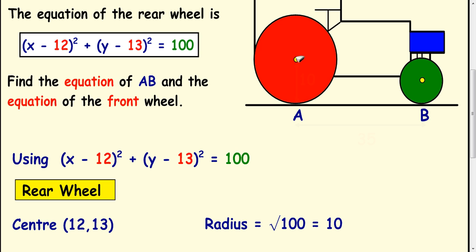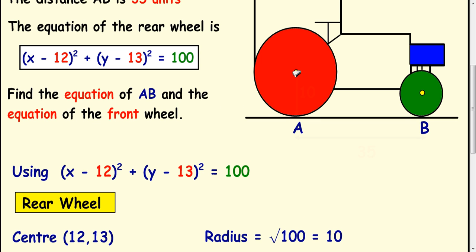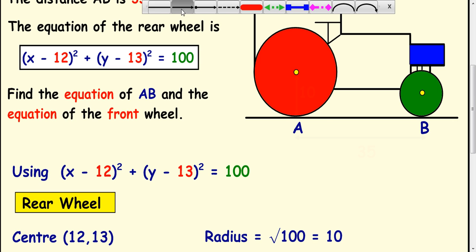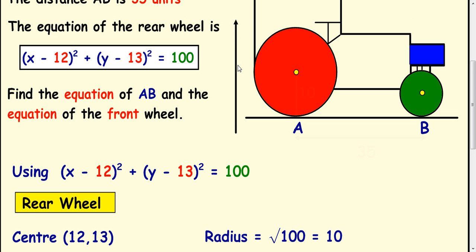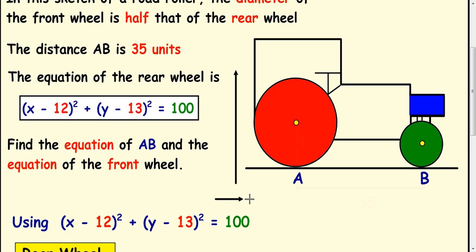So if this is (12, 13), and we're trying to find the equation of this straight line going across the way, if you try and imagine an x-axis and a y-axis, like this, then what we have here is (12, 13) and a radius of 10.